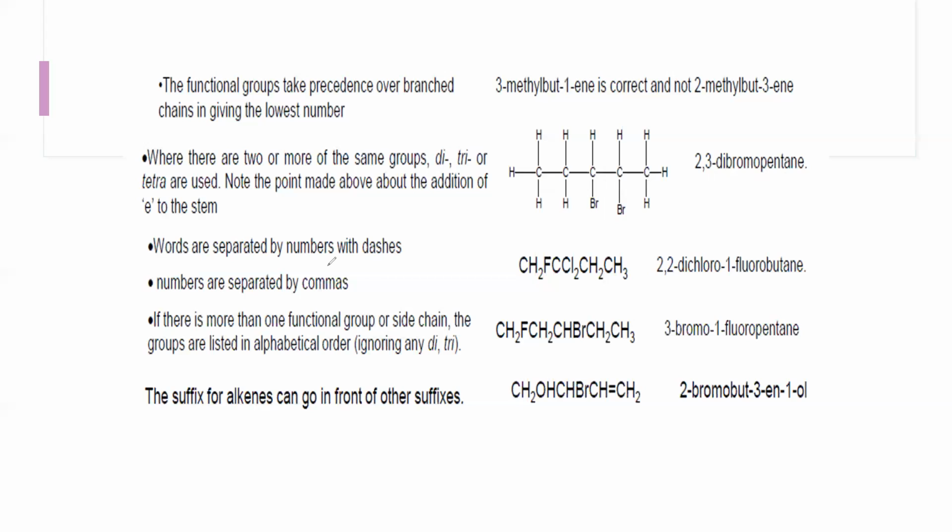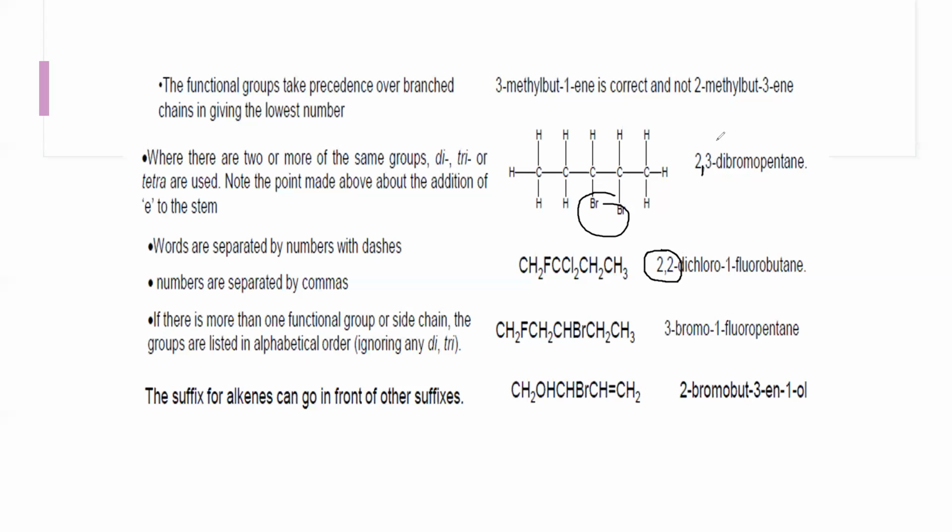And when we want to separate, words are separated from numbers with dashes, and numbers are separated from each other with commas. You can see, like if we have branches at second and third, we separate them by a comma.